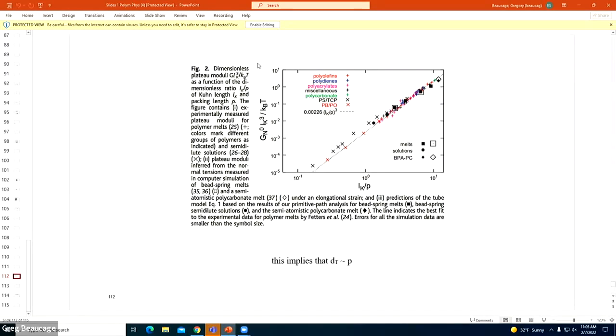The packing length is a little weirder, but rheologists like the packing length. That's the one they want. Other theoreticians like the tube diameter, some simulation people simulating rheology like it too, and other people like the Kuhn length, biologists, whatever. They're different things, but they're all the same size scale.